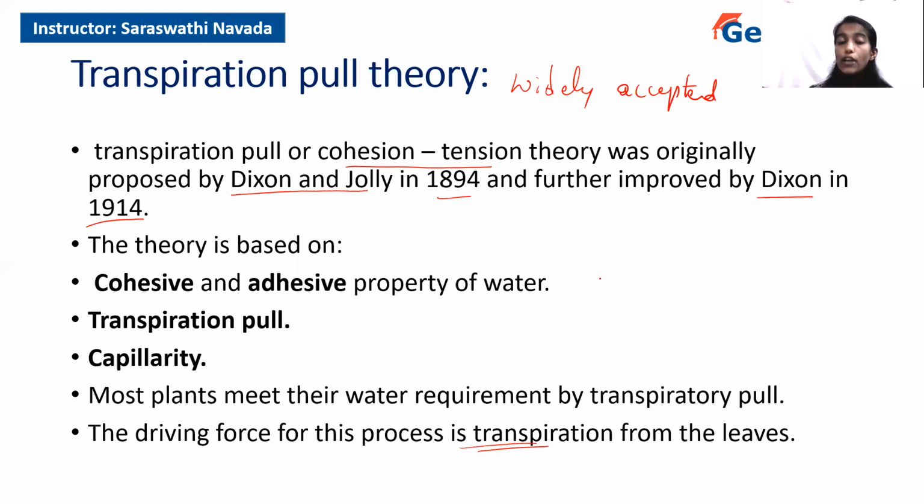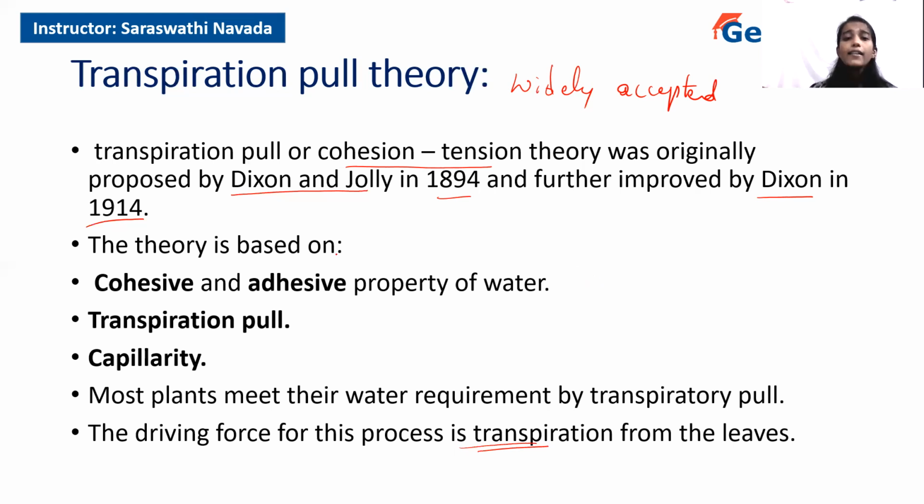So in root pressure, water will be pushed from root to shoot, whereas in the transpiration pull theory, transpiration helps in pulling the water from root to shoot. When water is pulled upwards, it is pulled with a greater force as well as at a faster rate. That is how long distance transport of water can be seen in taller plants. So ascent of sap can be explained through the transpiration pull theory.